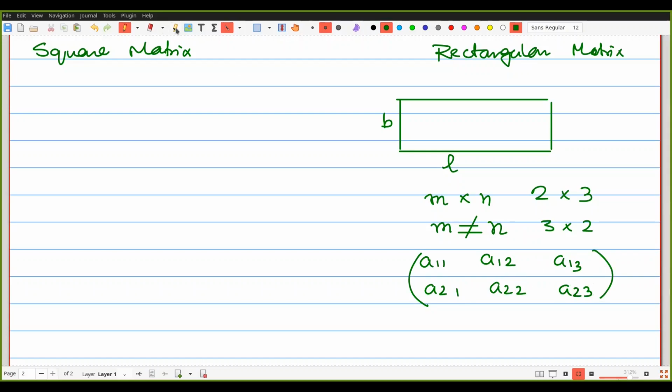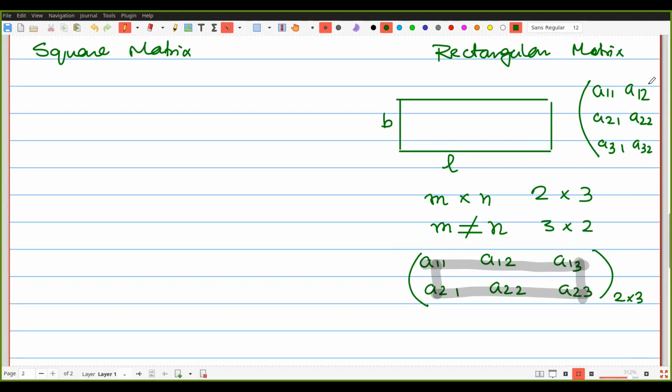If we draw something, it looks like a rectangle, so that's why it is also called a rectangular matrix. Or another way, suppose 3 cross 2, A11, A12, A21, A22, A31, A32. Once again, that type of matrix looks like a rectangle. That's why it is also a rectangular matrix.